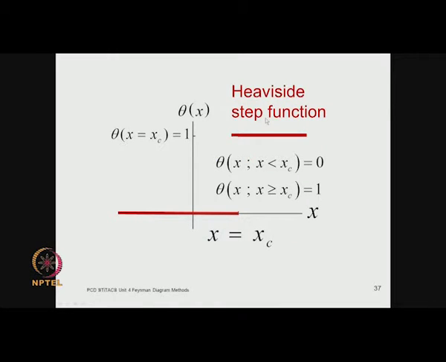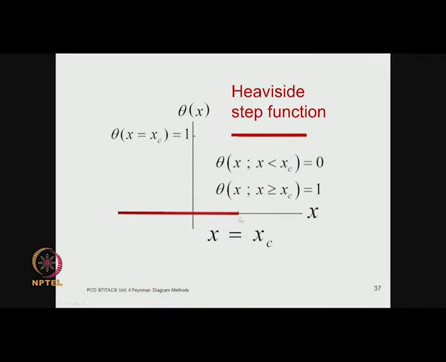And to do that, we make use of what is called the Heaviside step function, and you have probably met the Heaviside step function earlier. So, let me remind you, it is a function whose value is 0 for an independent parameter up to a certain point, and beyond that point its value is equal to 1.